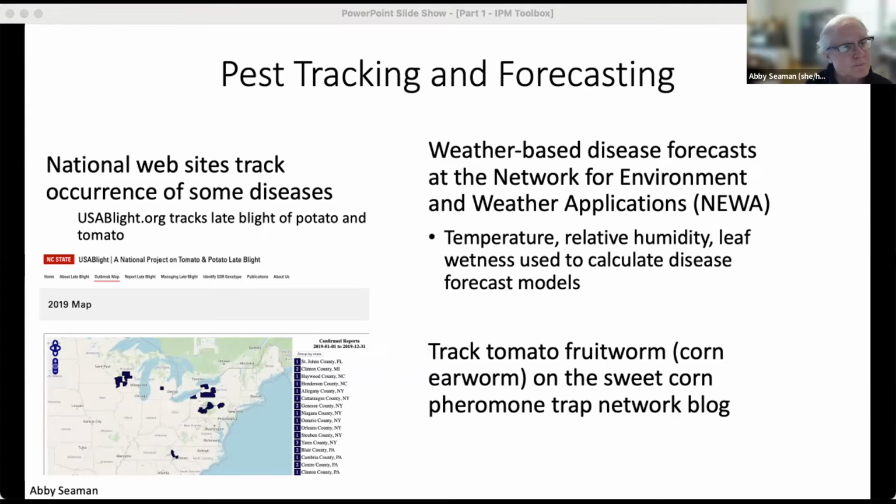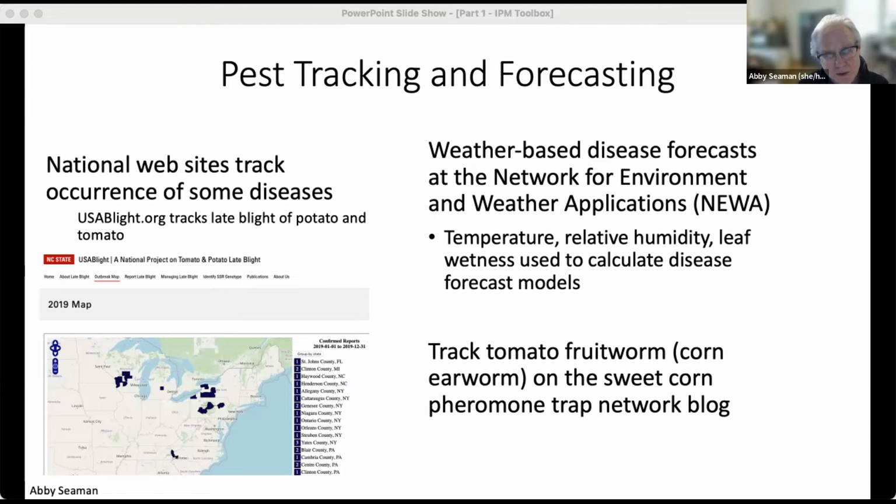This website relies on people reporting where late blight has been found. So it can be a two-way street. You want to get the information from other people, and you also want to report, for example, if you are the first person in your county to find late blight, and if you're in an area with a regional vegetable extension program, the members of the staff of that program can help you with that.